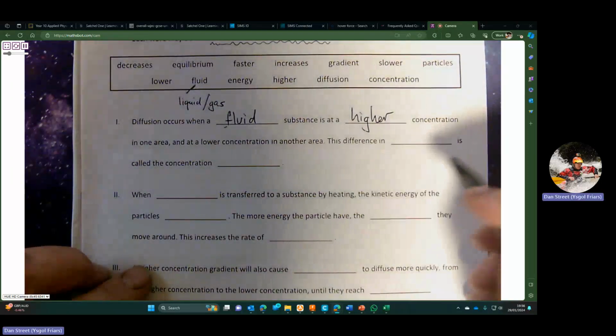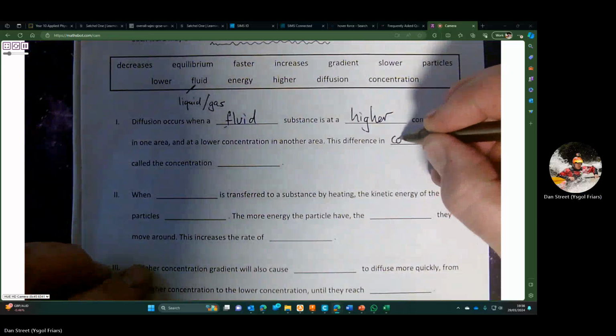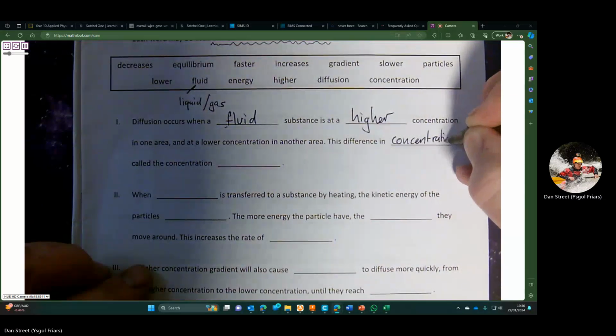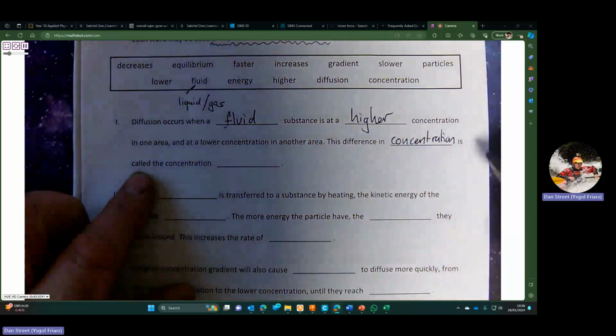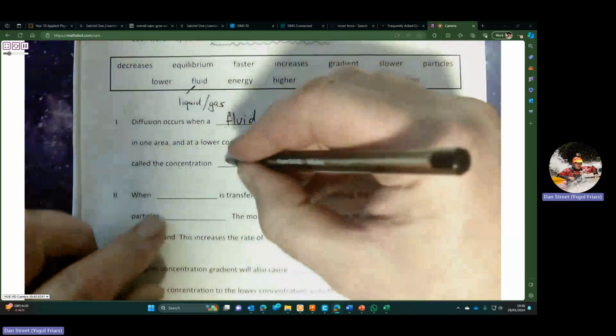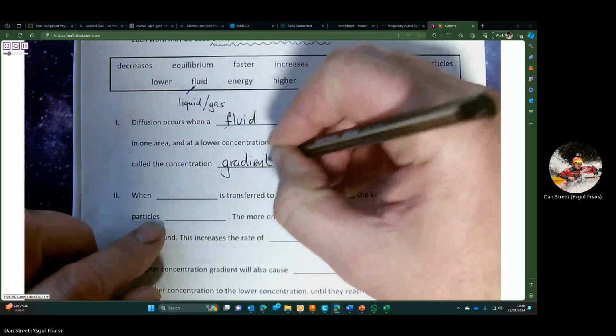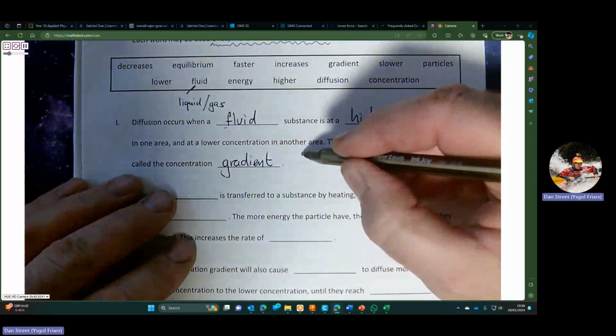The difference in concentration is called the concentration gradient. So gradient, we tend to think of as being like a hill.